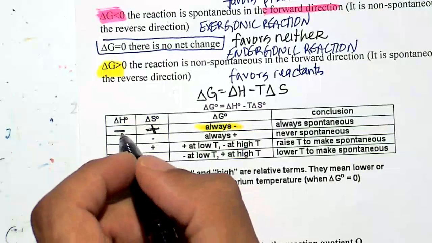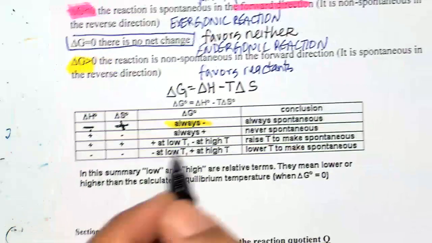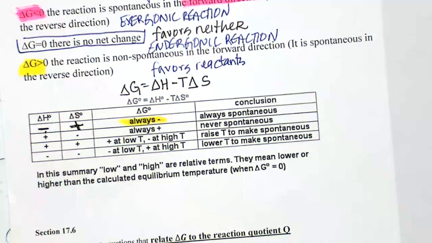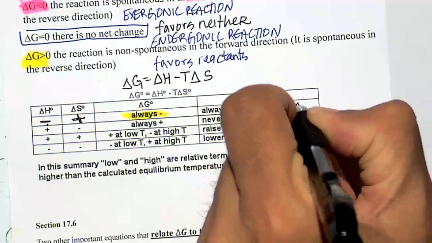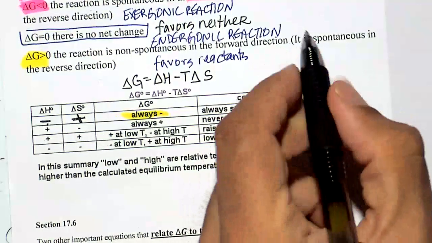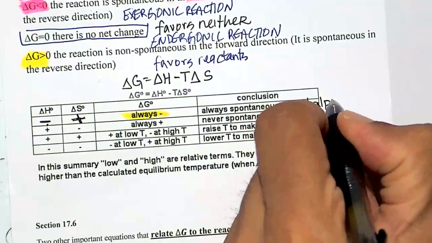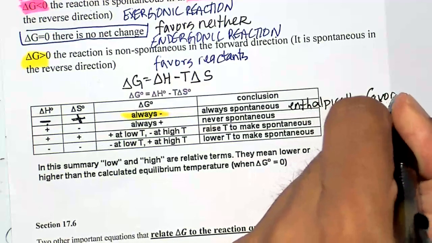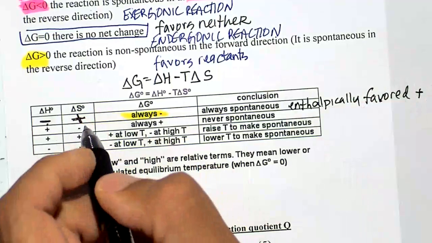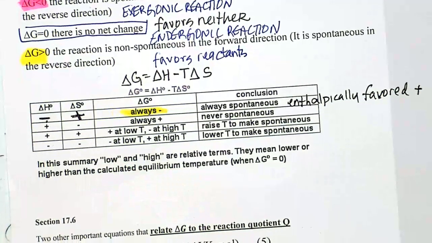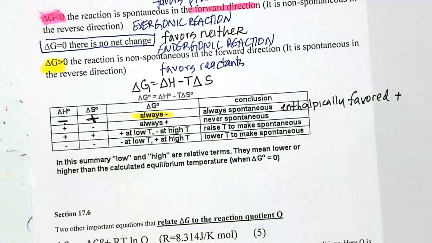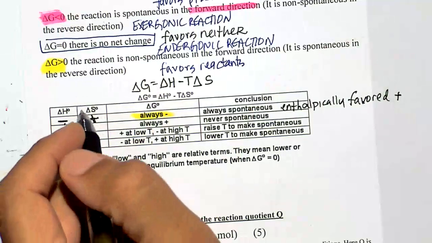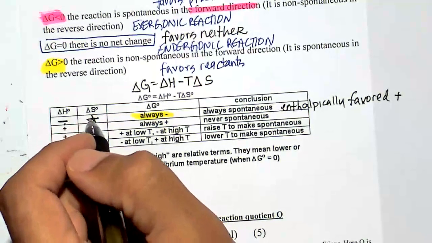Okay, if your delta H is negative, I'm going to call it enthalpically favored. Enthalpically, for enthalpy. And if the delta S is positive, that's entropically favored as well. So regardless of the temperature, this is the best situation.